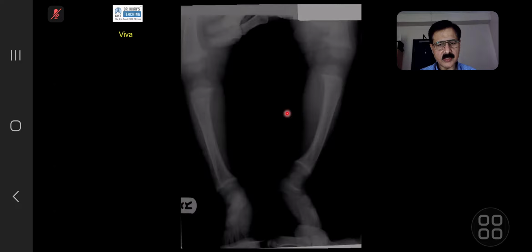How do you explain that? Diagnosis? Yes, this is a case of congenital syphilis. Congenital syphilis. So, what is the appearance here of the distal epiphysis and the metaphysis?